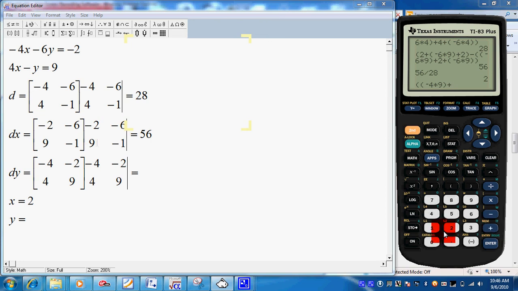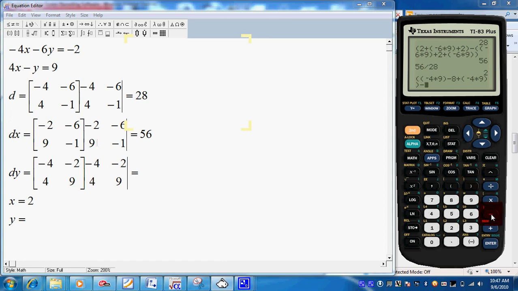Okay. Then this last set of parentheses is negative 4 times 9, which I don't know what it is. So I'll just put plus, and put negative 4 times 9 in parentheses. And then subtract, and we're going to go the other way around. Negative 2 times 4 is negative 8.